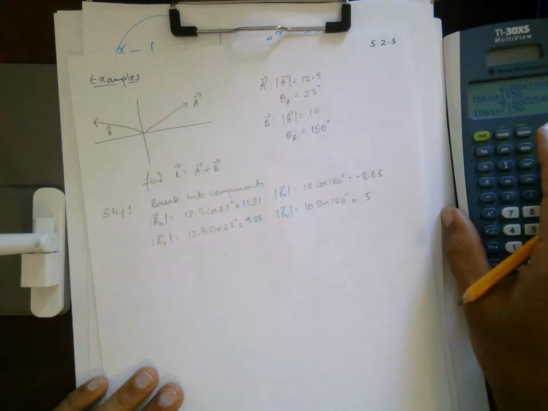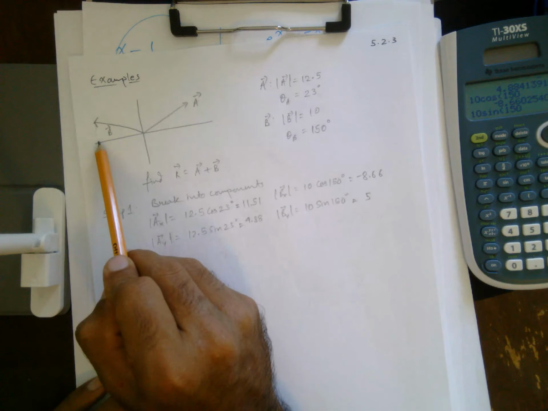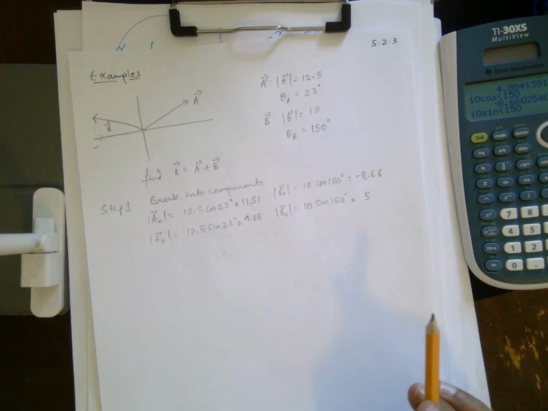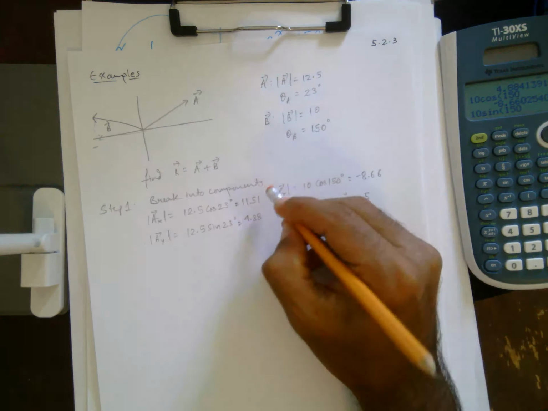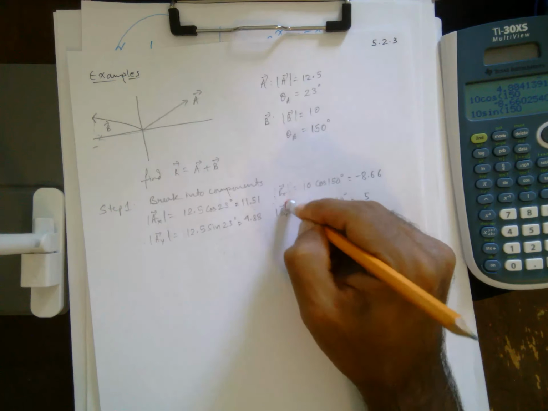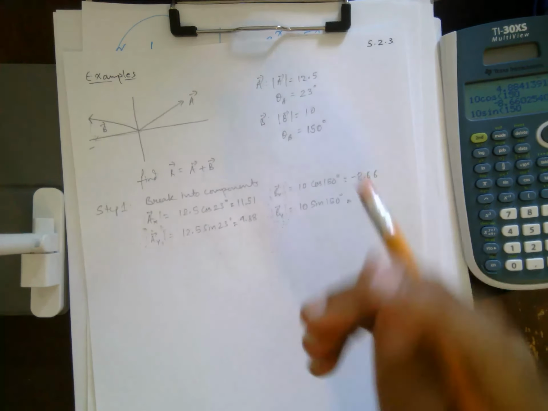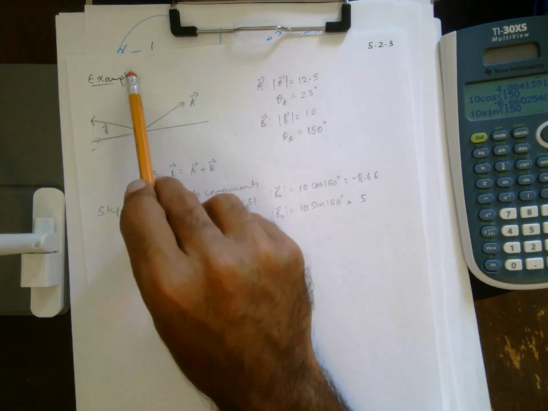Now here, this is negative because if you look at the components of B, the x component is on the negative x-axis. Right, so to be more accurate, let's just call these vectors instead of magnitudes, because x is just 0 degrees and y is 90 degrees.